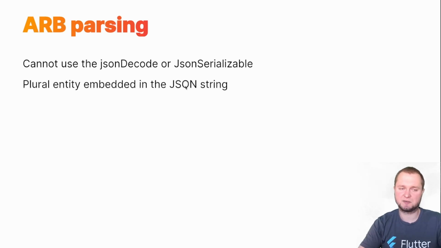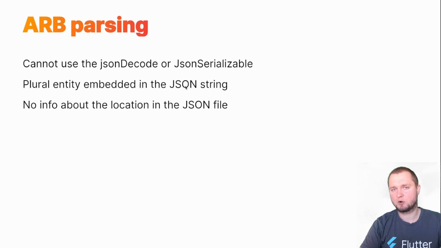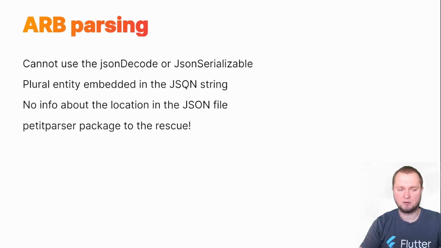First of all, because there is a custom entity embedded in the value of the string. You have to parse it additionally. But what is more important, there is no information about location, about the offset in which this given plural is located. But there is a petit parser package which can be used for that. This petit parser is a quite extensive package, a topic for another talk.